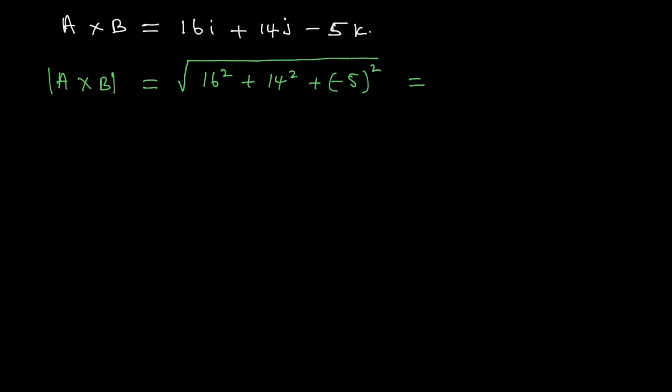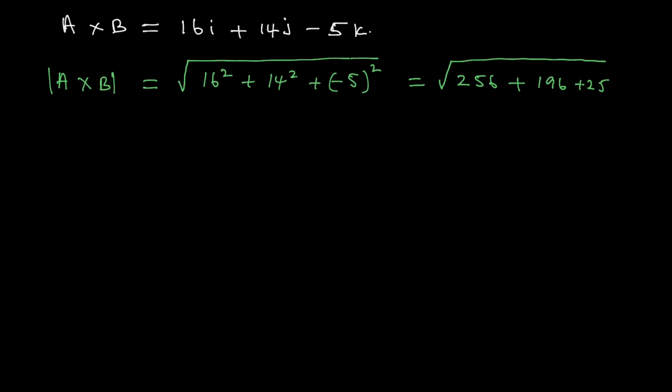So 16 squared is 256, plus 14 squared is 196, and plus minus 5 squared is plus 25.